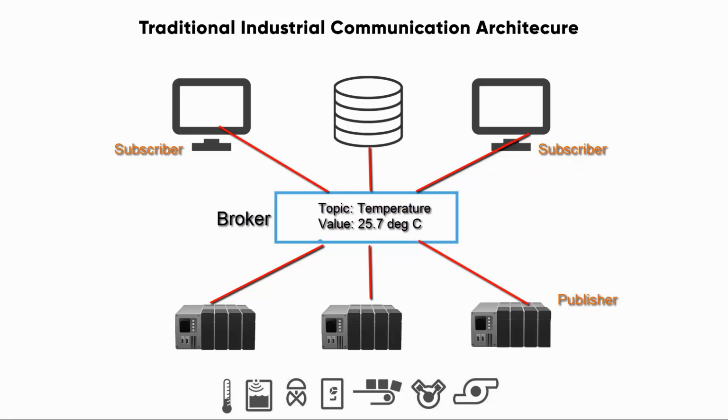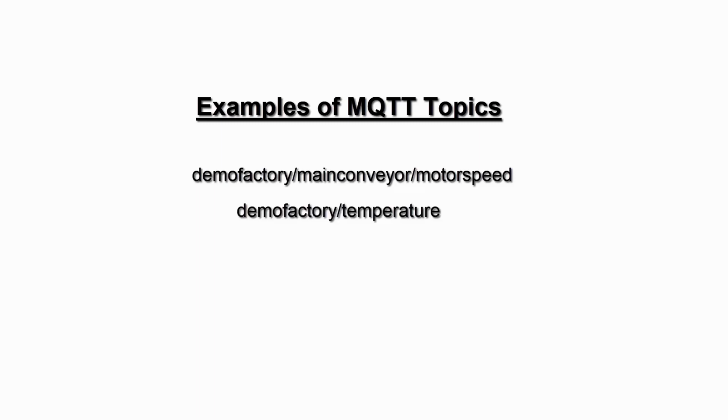And from there, the broker ensures that receiving clients get all messages published to the subscribed topics. Topics are strings that look like the following examples: demo factory/main conveyor/motor speed, demo factory/temperature, or simply temperature. Notice how a slash is used to introduce hierarchy.